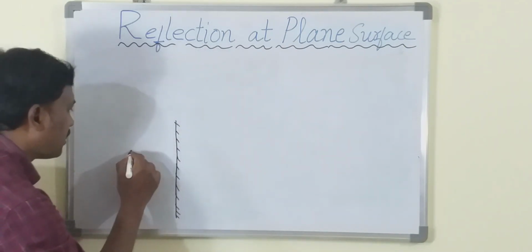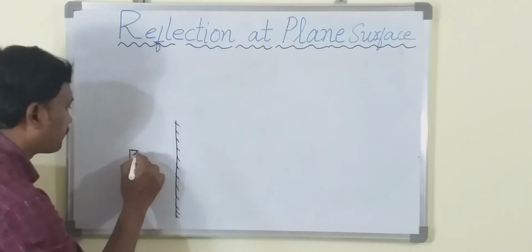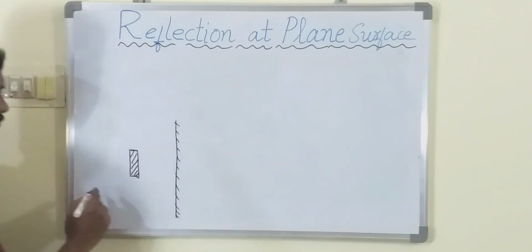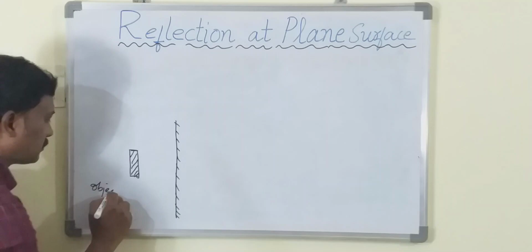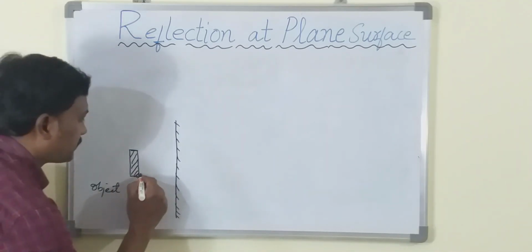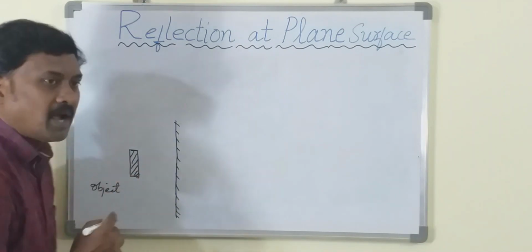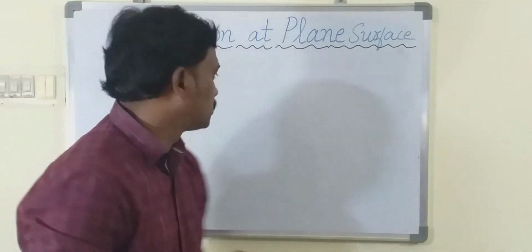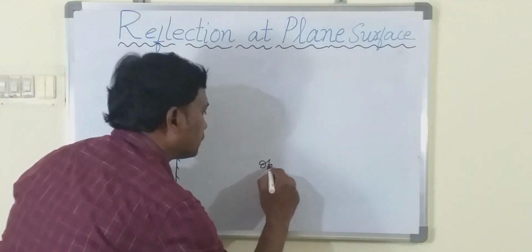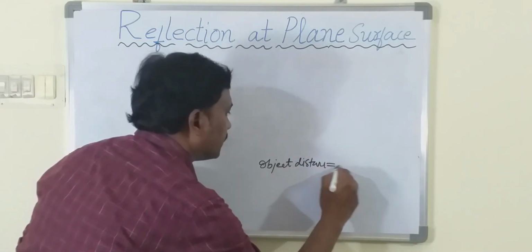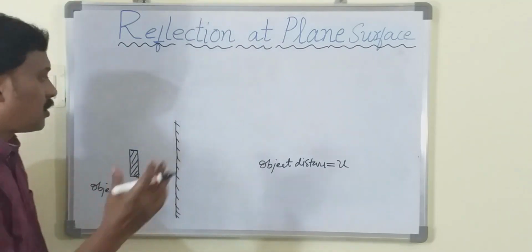Now let me say we have one object. This is an object, and the object is at some distance, which I denote with the letter U. So I write here object distance. Object distance is denoted as U. What is object distance?